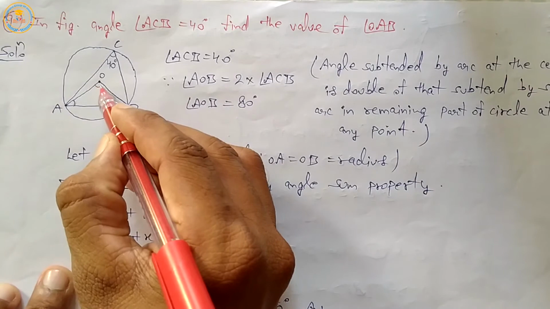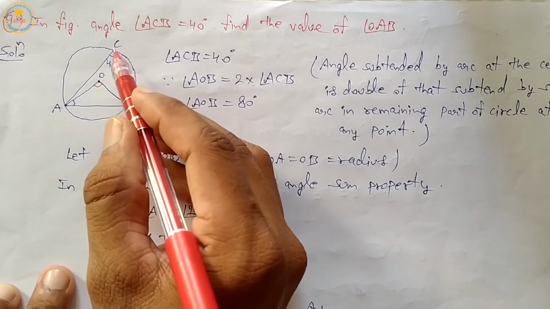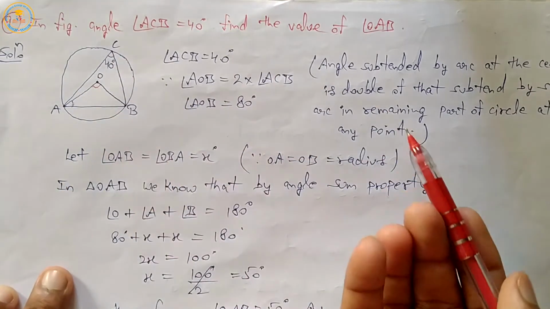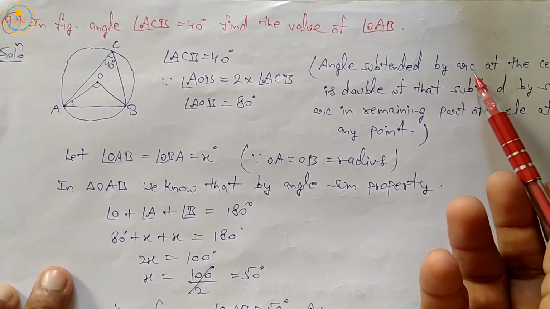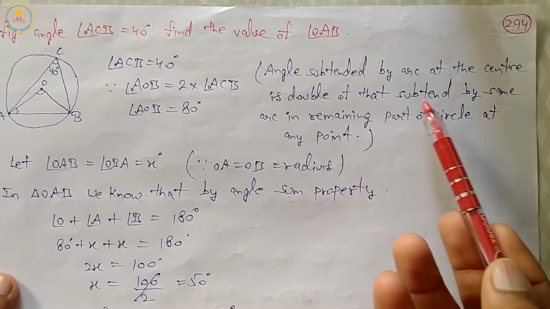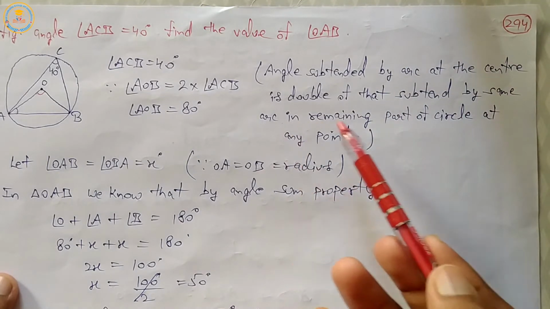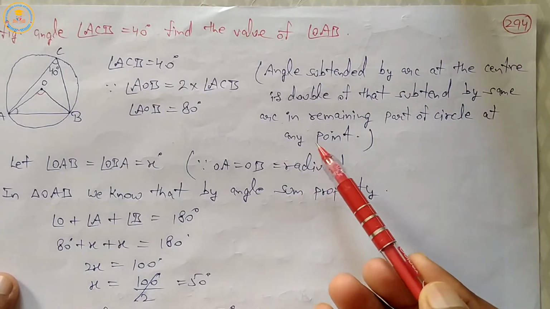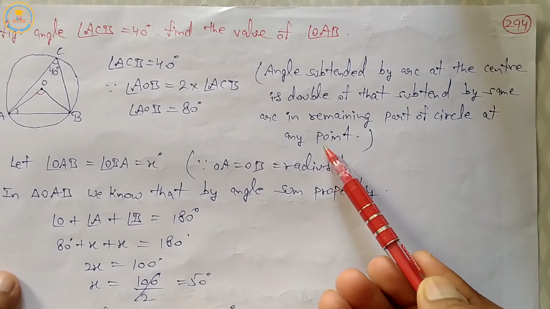Angle AOB is 80 degrees because it is double of ACB. Why? Angle subtended by an arc at the center is double that subtended by the same arc in the remaining part of the circle at any point. We know that.